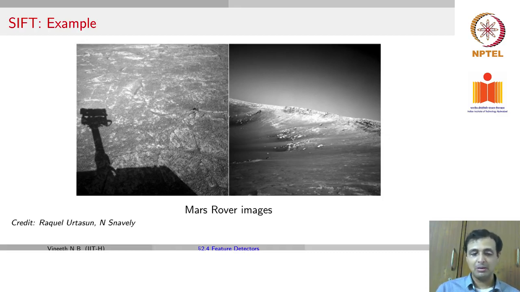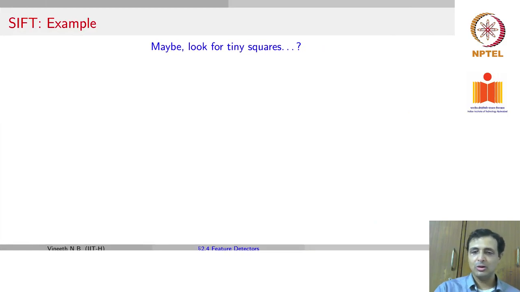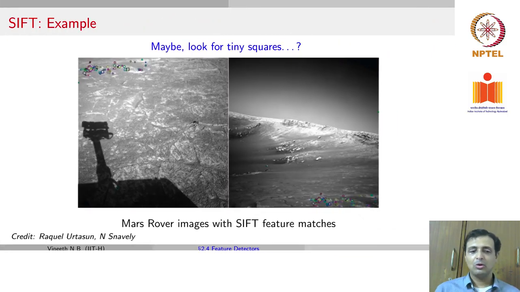In this particular example, although these two images look very, very different, SIFT matching between these two images finds some features which have very similar descriptors in both images. Now you could match these two images to say where the rover was with respect to a broader scene on the landscape.